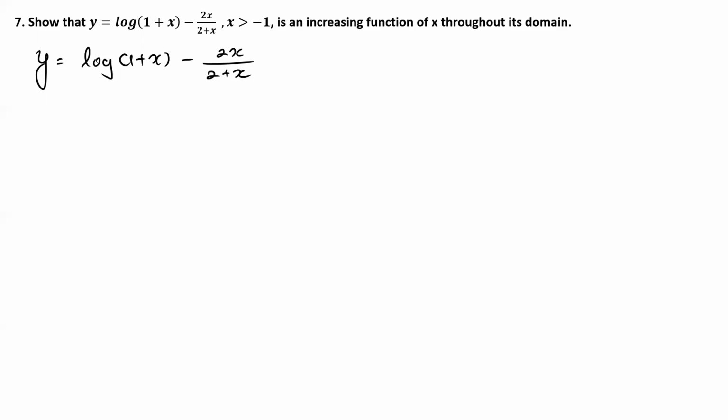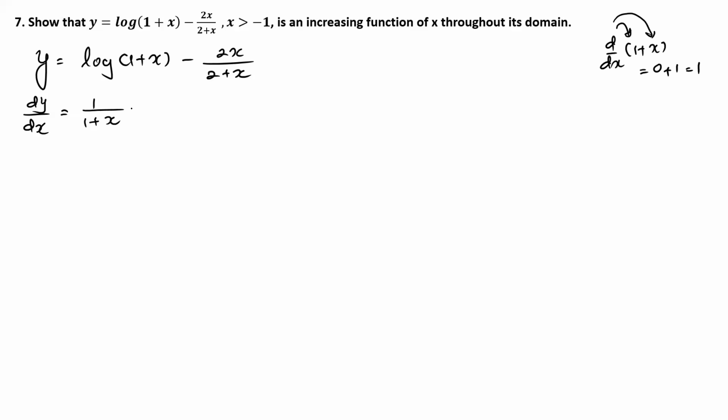First thing we should do is differentiation. dy by dx: the differentiation of log is 1 by x, but it's not x, it is 1 plus x. That means again the differentiation of 1 plus x is required. Differentiation of 1 is 0 plus differentiation of x is 1, so 0 plus 1 is 1 only.